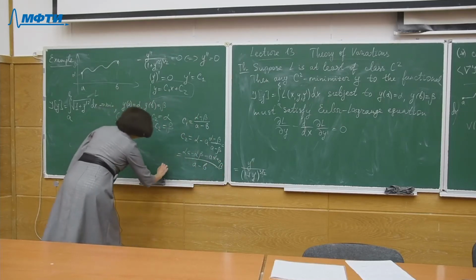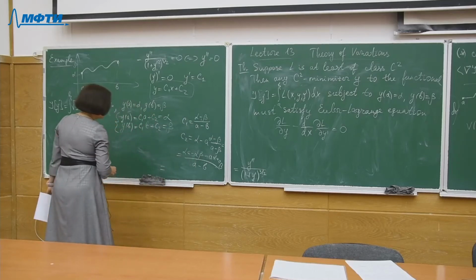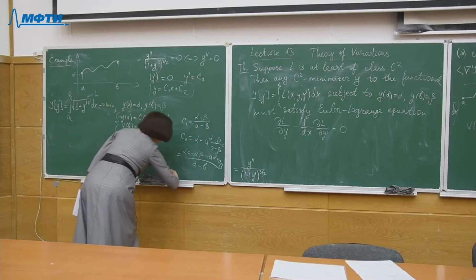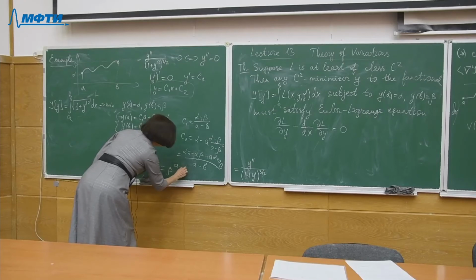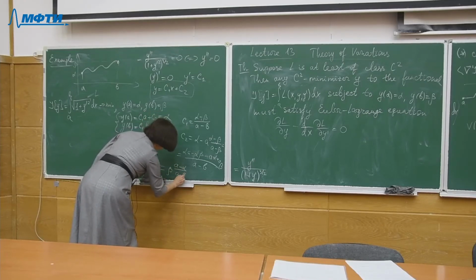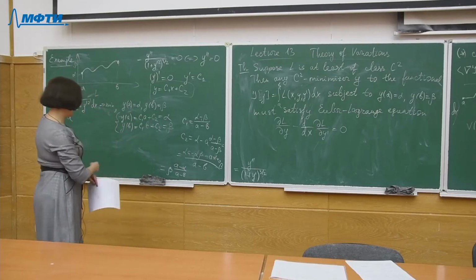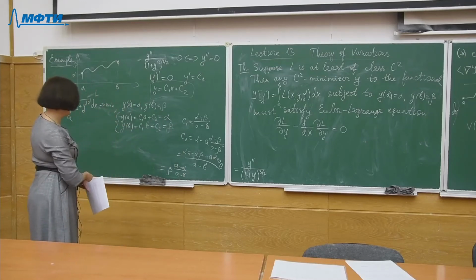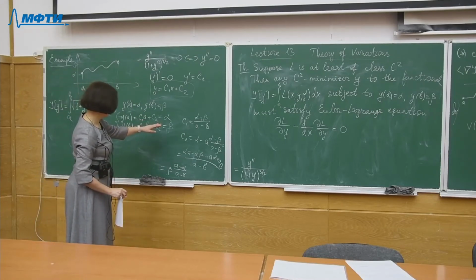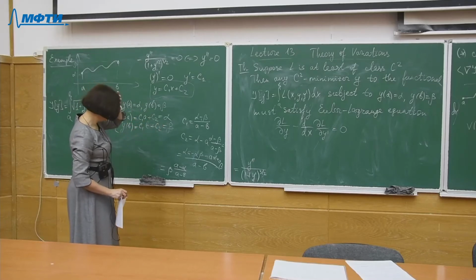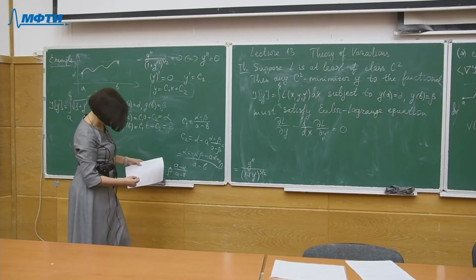So it is equal to beta a minus alpha b over a minus b. So am I right? So c2 is this, or am I right? So I will check maybe.